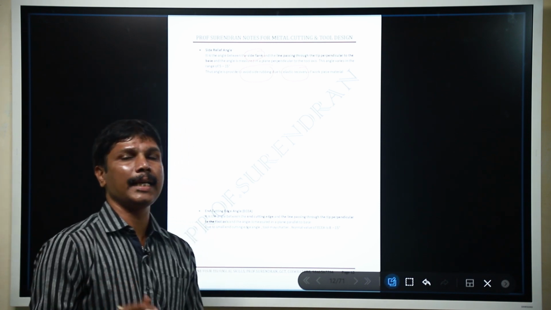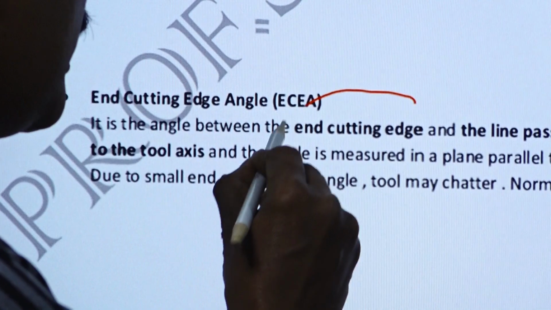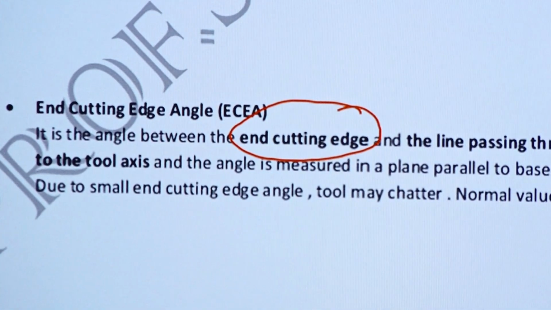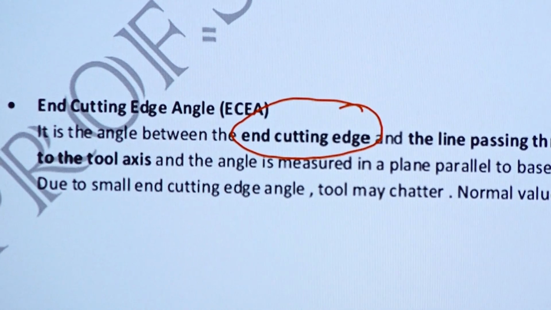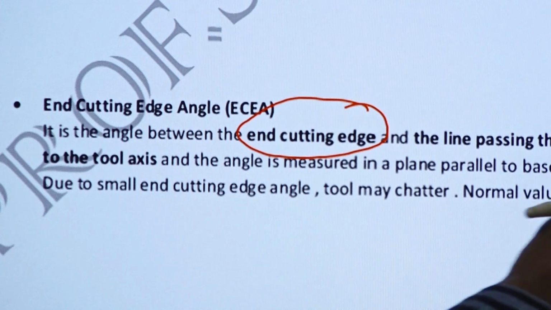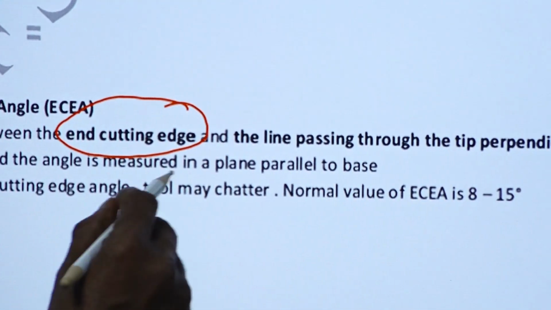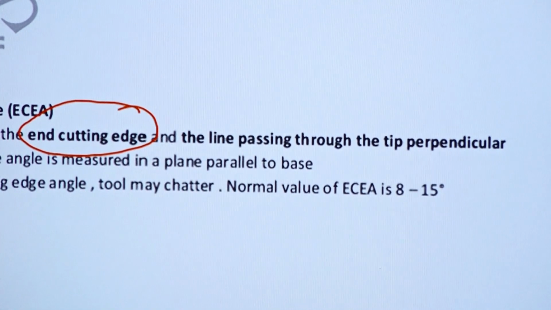And next is the end cutting edge angle. Why is this angle provided? This is the angle between the end cutting edge and the line passing through the tip perpendicular to the tool axis. The angle is measured in the plane parallel to the base.